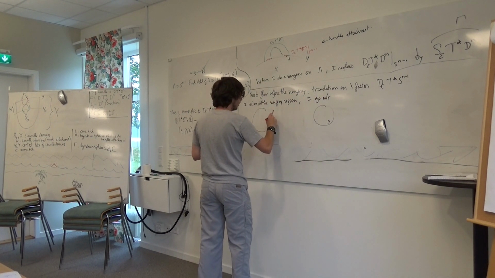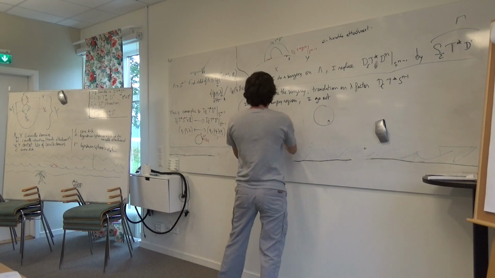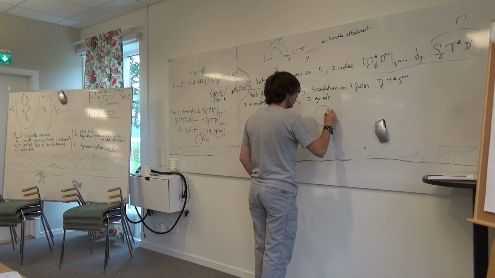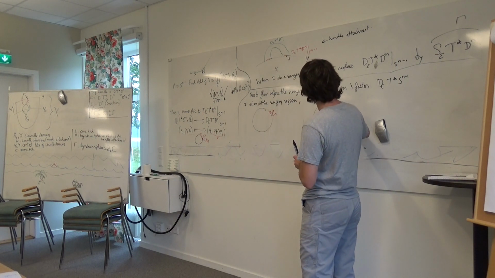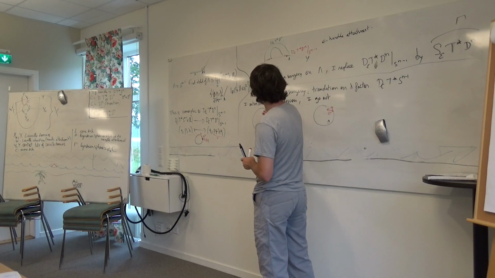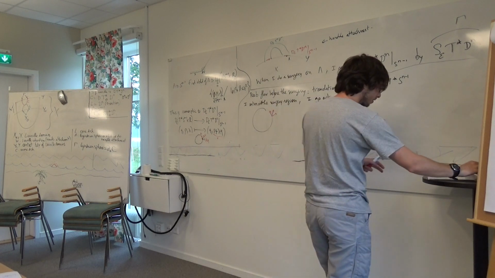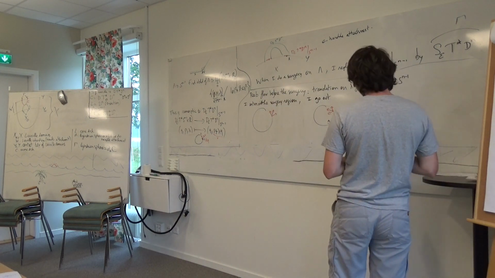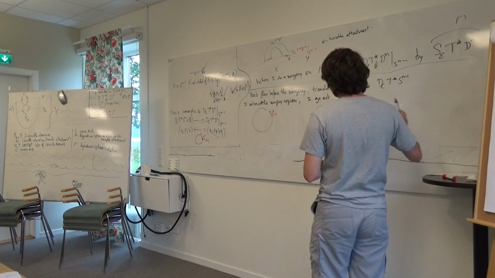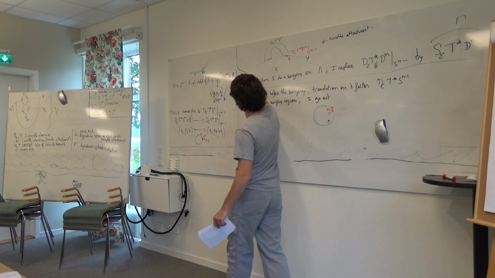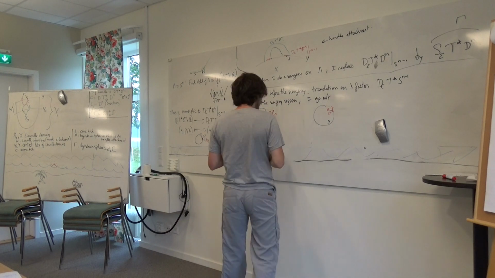This is like this plus this. This doesn't move, and this gets translated. So I described the Reeb flow before the surgery in the surgery region.